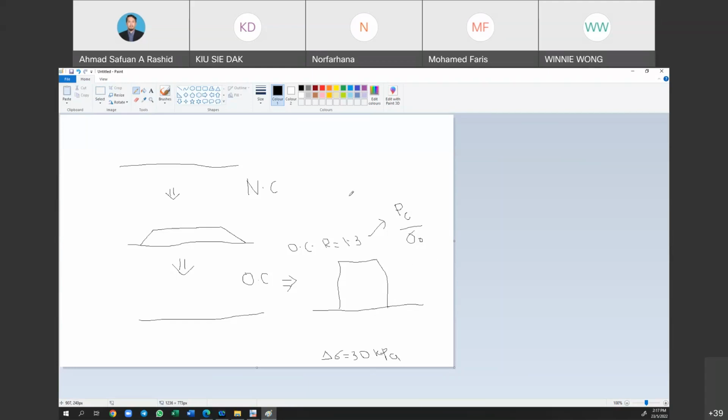Before we start to calculate, we already know that the OCR has two formulas: if Pc is equal or greater than delta sigma plus sigma naught, or Pc is less than delta sigma plus sigma naught.